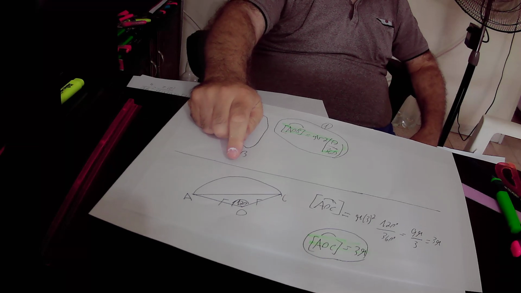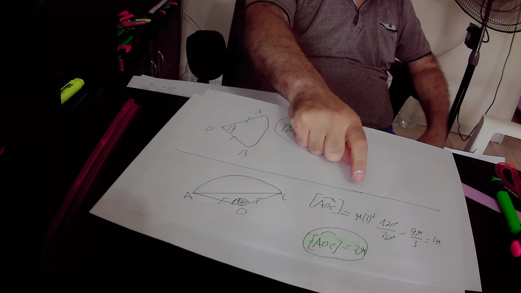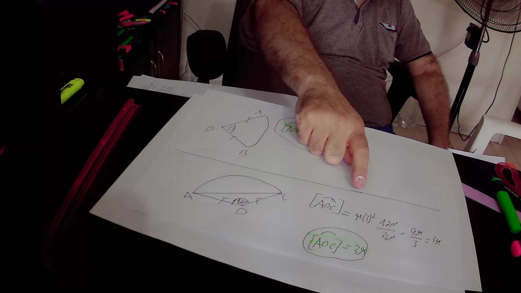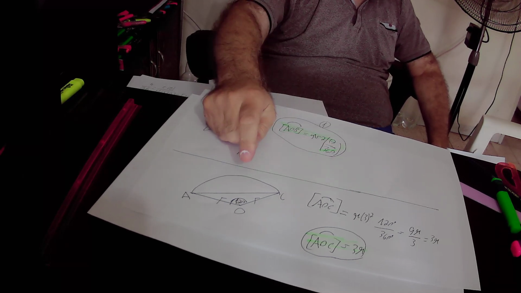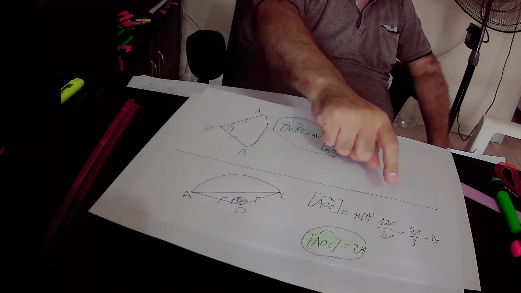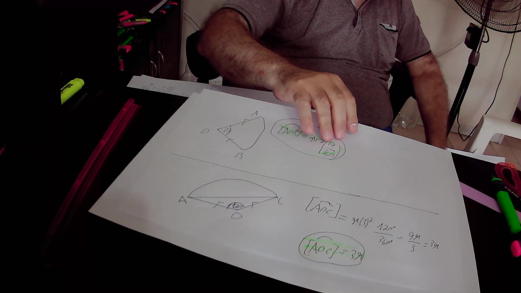So the area of sector A or C will be equal to pi r squared. R is 3, so pi 3 squared, times 120 degrees over 360 degrees.